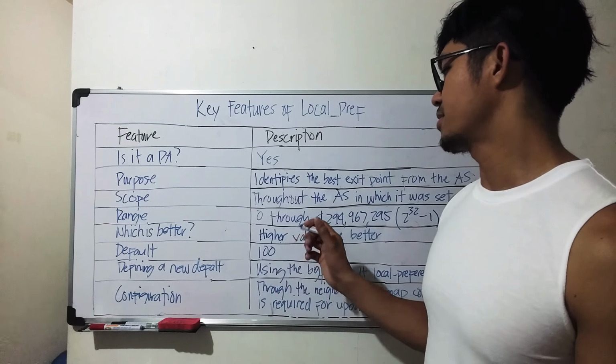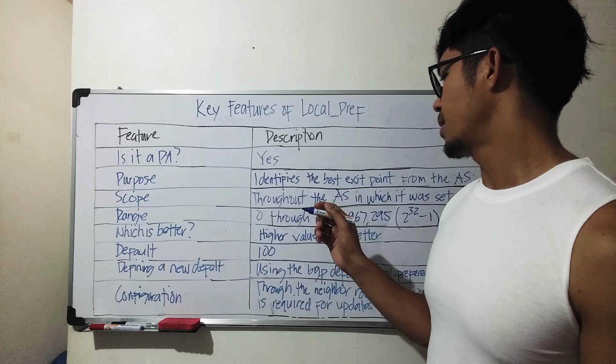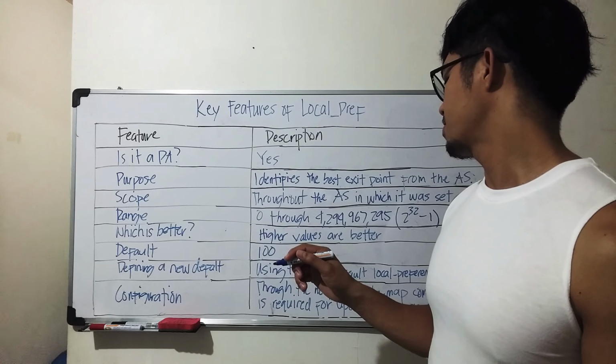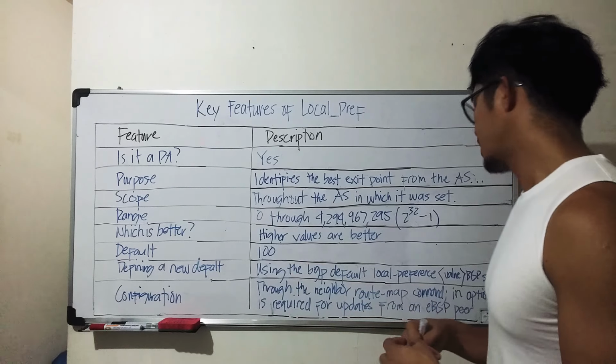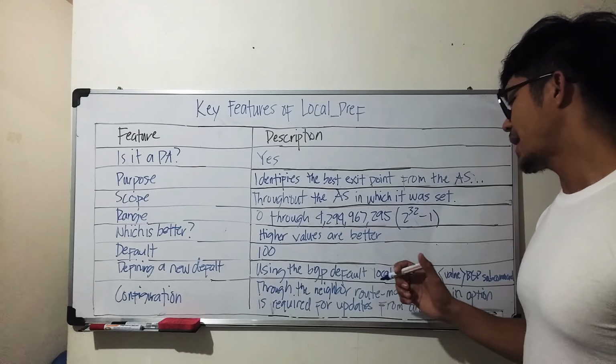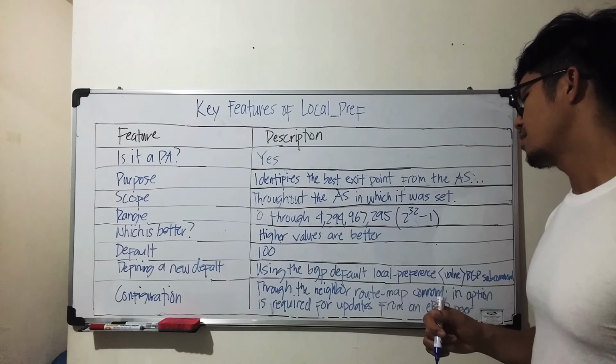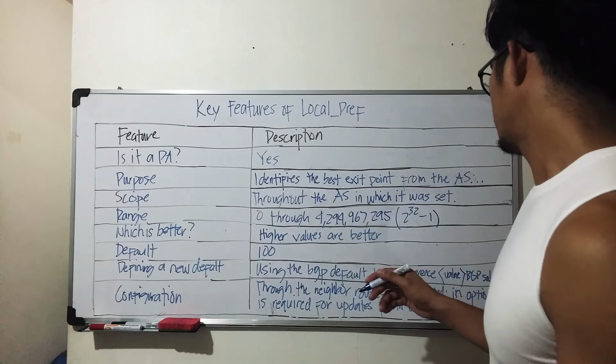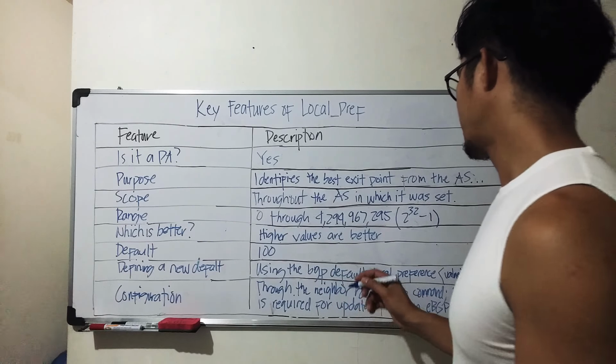Higher values are better. And then you apply that route map in the inbound direction.